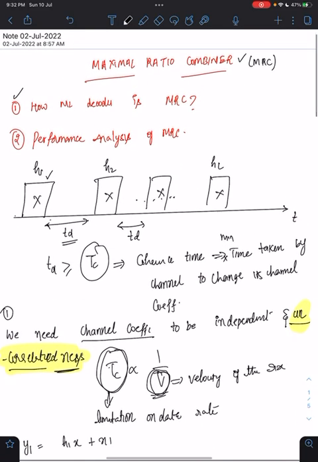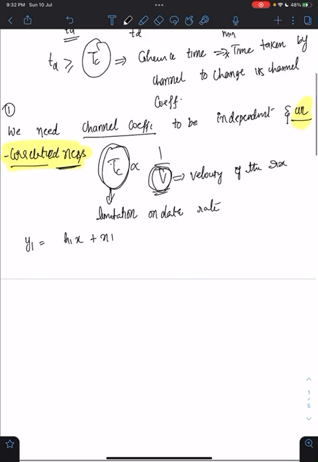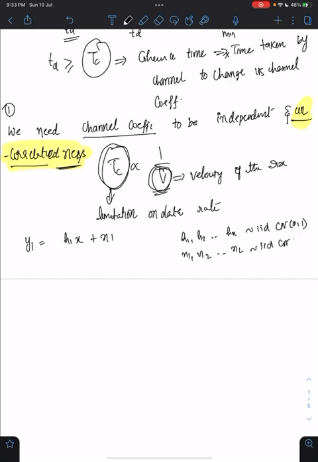By the way, this is a single transmitter, single receiver system, really simple. Here H1, H2, and so on up to HL are IID CN(0,1), which is an assumption, and N1, N2, and so on up to NL are IID CN(0, sigma squared), where CN means complex Gaussian random variable.